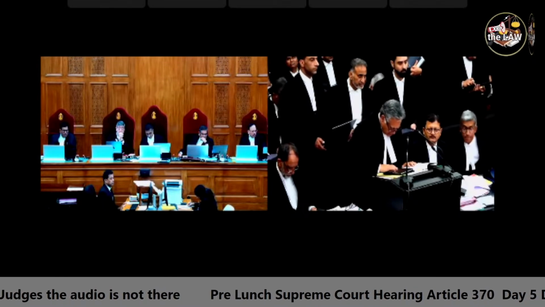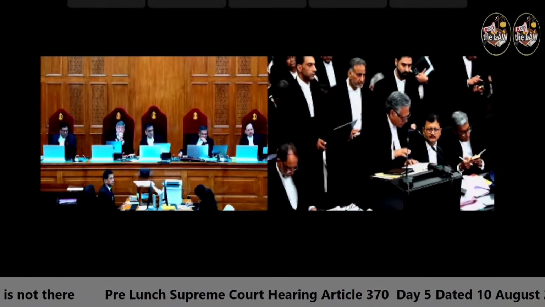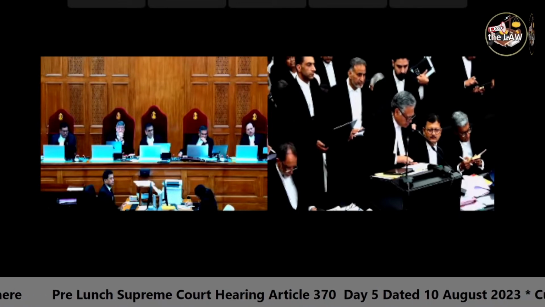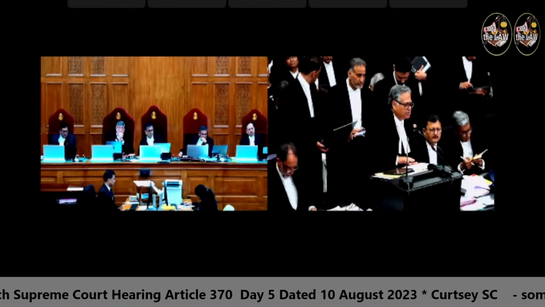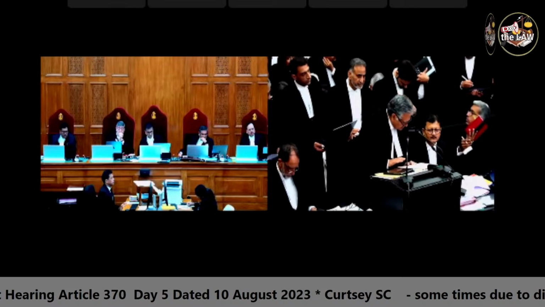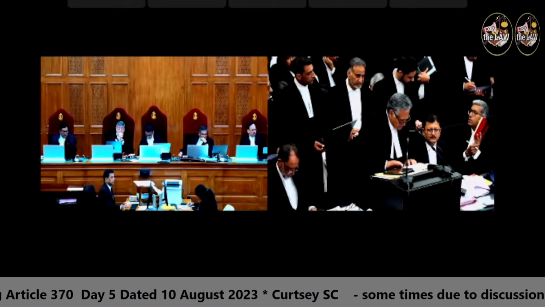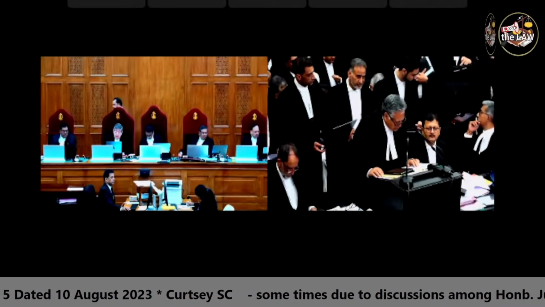This is the restriction imposed with regard to the power of the President and the Parliament to do away with the boundaries, the names of the various states. Then, sir, your Lordship will kindly see Article 7, the right of citizenship of certain migrants to Pakistan.